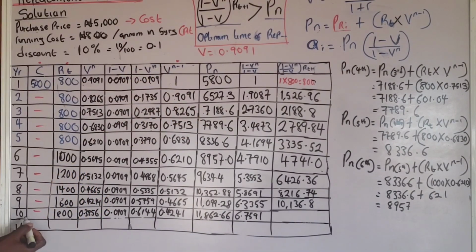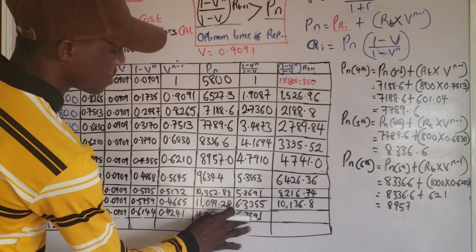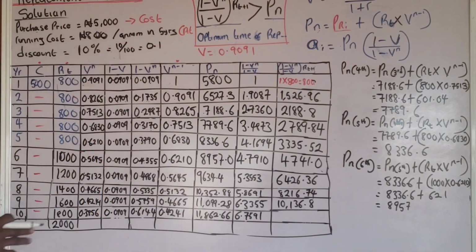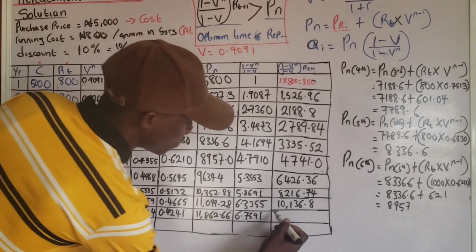So the running cost of the 11th year will be 1,800 plus 200, that is 2,000. I'm going to multiply 6.7591 by 2,000. That is 12,166.38.